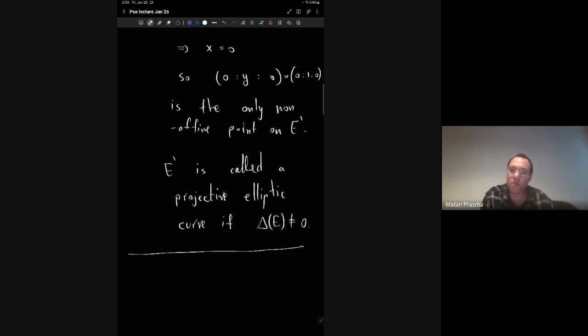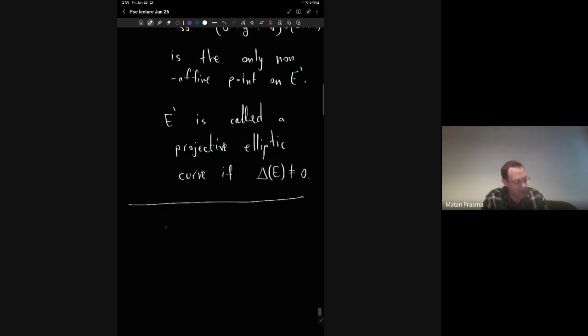But to go through the full proof, I think is not very useful. And so what we get is that for an elliptic curve over a field K, the set of K-rational points is an abelian group.